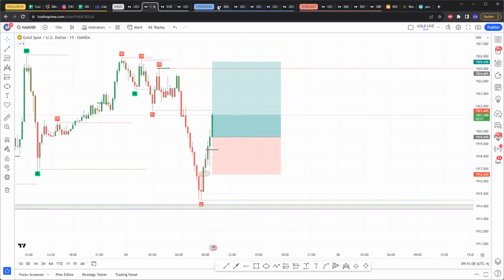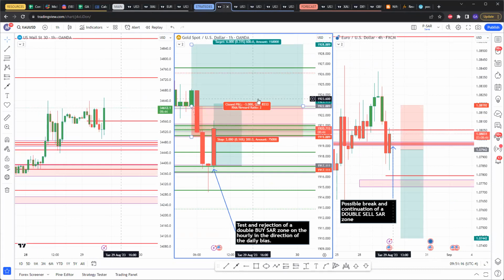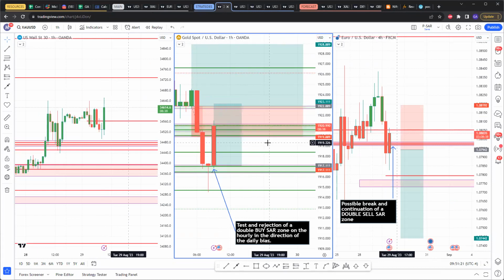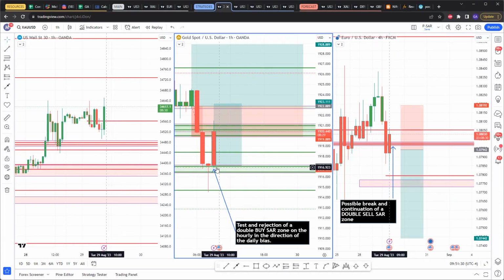Any of these gold buys? No. This guy. I was waiting for that all day, and when it came, I was sleeping, so I missed. This guy is always sleeping. Even for me, I missed this buy right here, that one at the bottom.